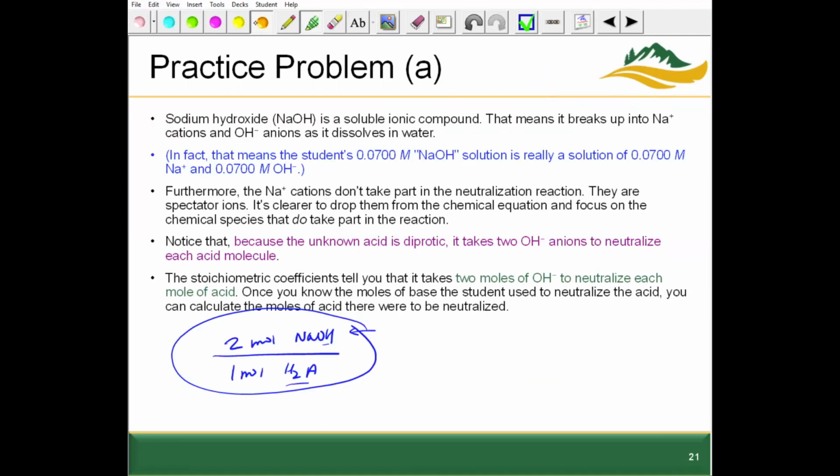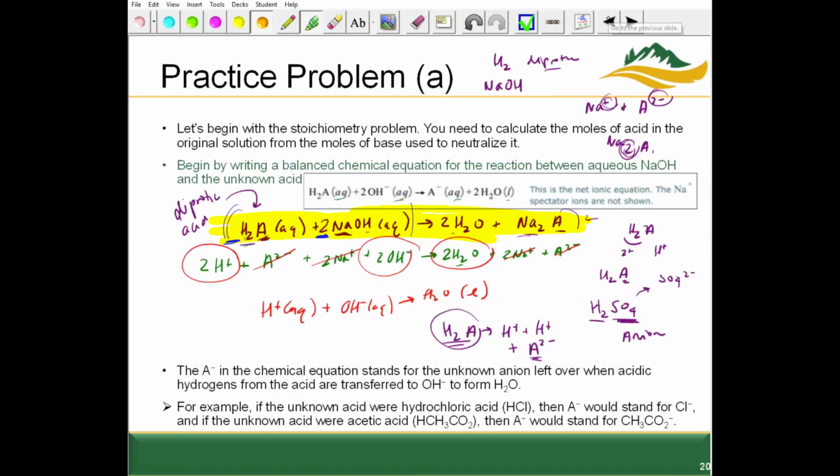And to highlight another important point here, because the unknown acid is diprotic, it takes 2 OH minus anions to neutralize each acid molecule, where it takes 2 moles of NaOH to neutralize each 1 mole of acid. That is only because we're working with a diprotic acid.